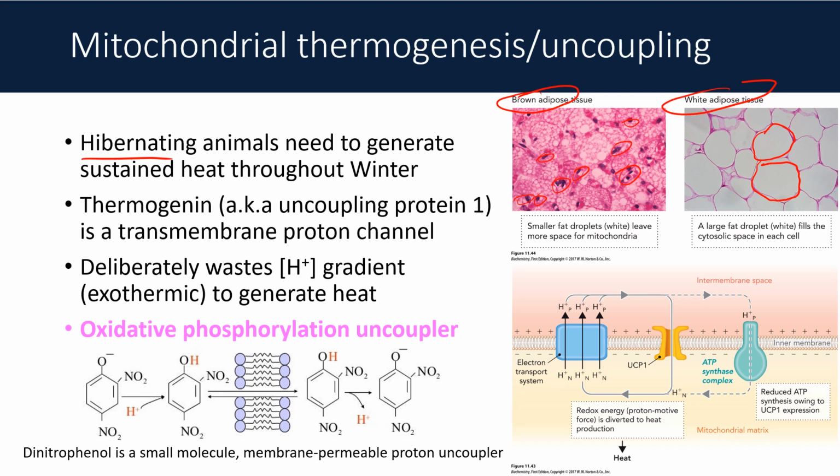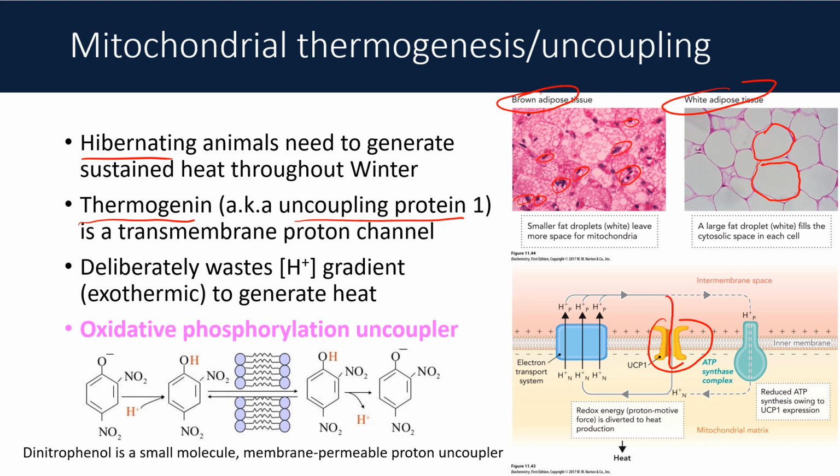The mitochondria shown here in hibernating brown adipose tissue are going to make a very special protein called thermogenin. It is also known as uncoupling protein 1. Thermogenin is a transmembrane channel in the inner membrane of the mitochondrion that lets protons through.